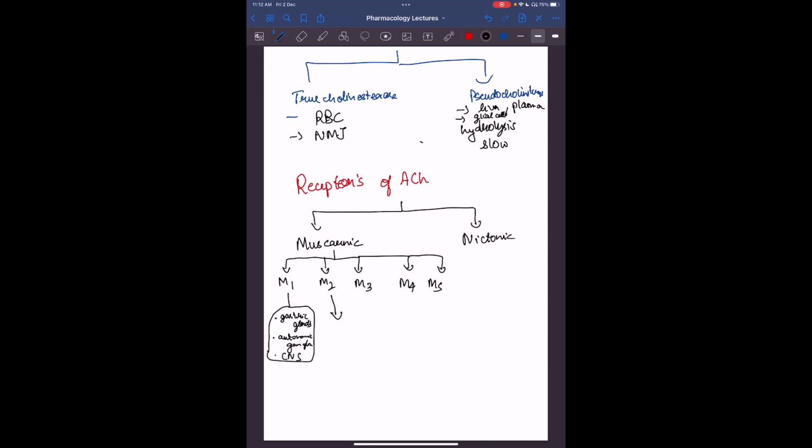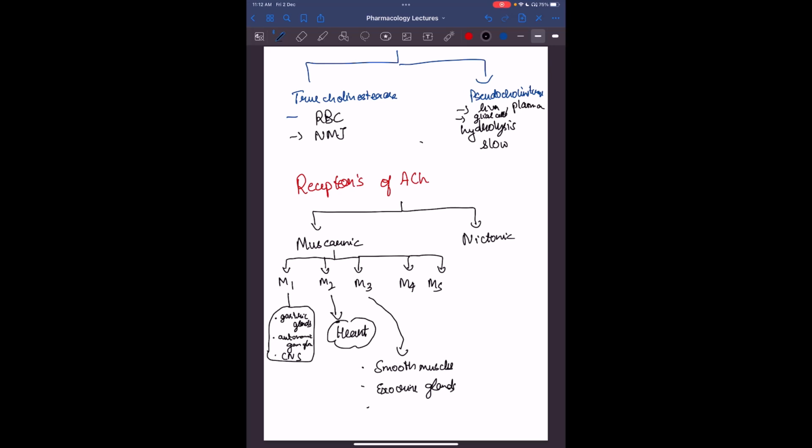M2 receptor is only present in the heart. M3 receptors are present in smooth muscles, like vascular endothelium which consists of smooth muscles, and exocrine cells, exocrine glands.